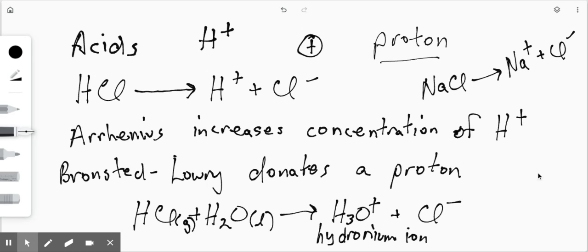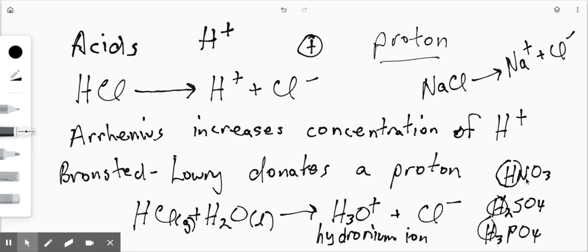And actually, while we're at it, why don't we just think of some? How about HNO3? Well, yeah, this could donate an H. Here's another common one, H2SO4. Yeah, we could see that this could donate a hydrogen here. What about, don't let these little subscripts scare you, H3PO4? Do you notice something in common with all of these acids?